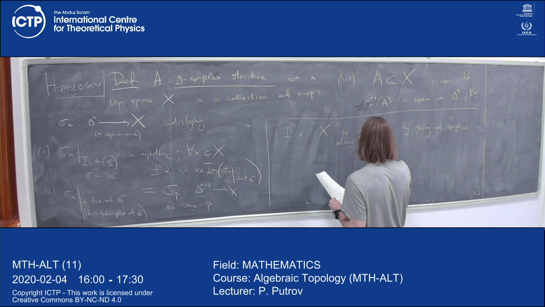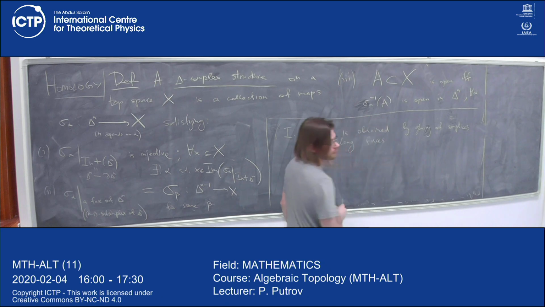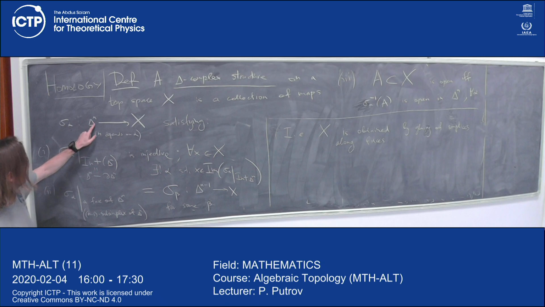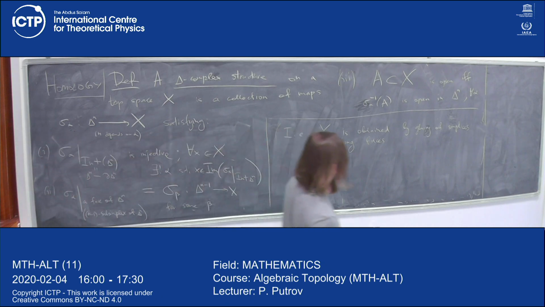The dimension of the simplices is not fixed; this n can vary, it can depend on alpha.